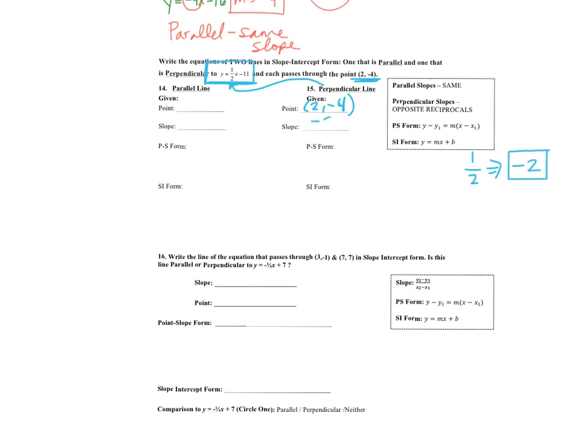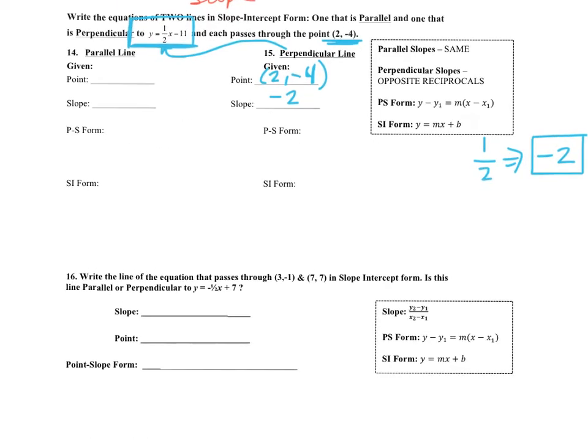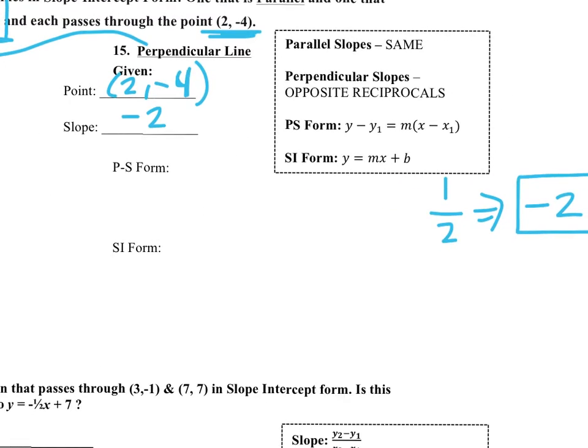So we're going to use a slope of -2. So if I put this into point-slope form, it's going to be y minus our y value, so y minus a -4, equals the slope times x minus the x value, which is 2. So simplify that: y plus 4 equals -2 times x minus 2.